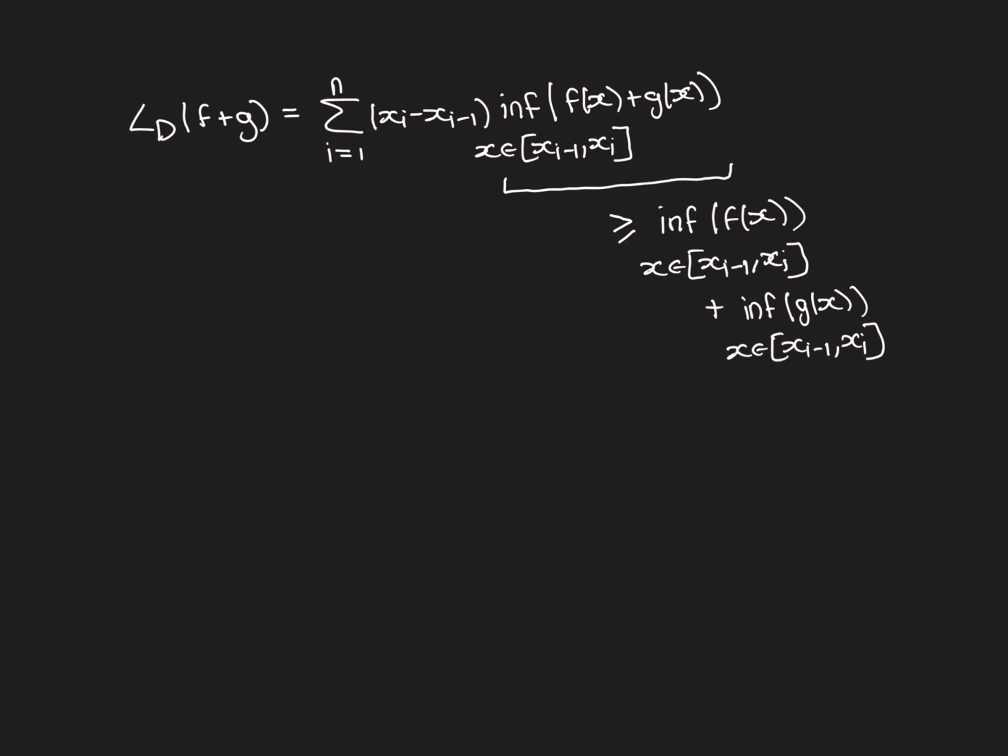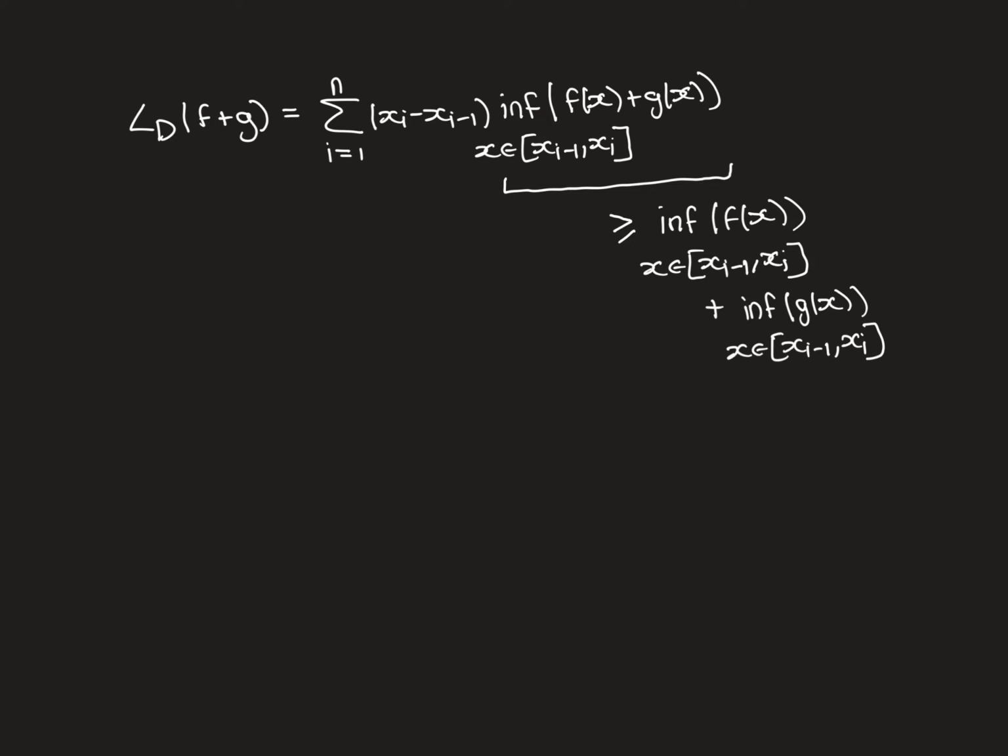If you then think about the function f plus g, what's the smallest value that it's going to obtain over that interval? Well, it must be greater than or equal to this, and it's only going to be equal to this if it happens to be the case that somewhere on this interval, f and g both obtain their minimum values at the same place. If they don't obtain their minimum values at the same place, then the minimum of this won't be equal to these two added together.